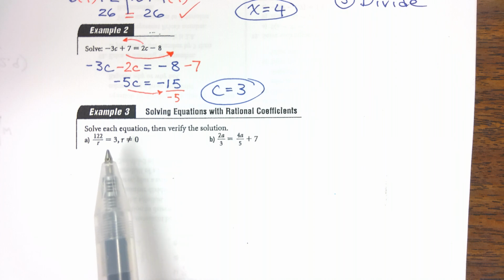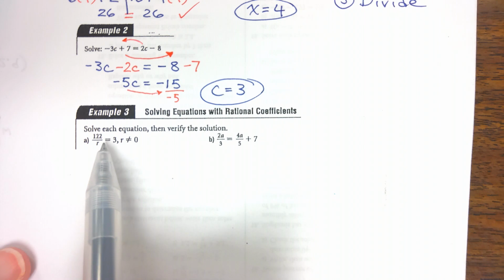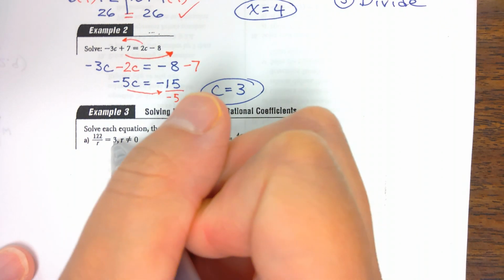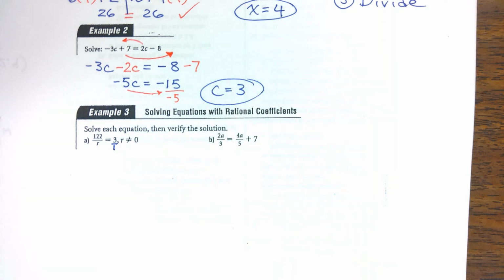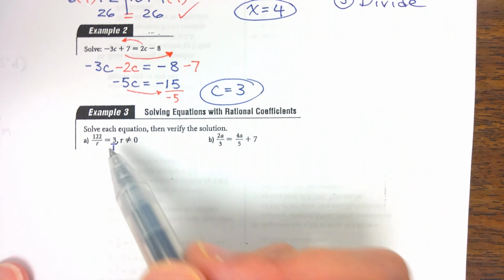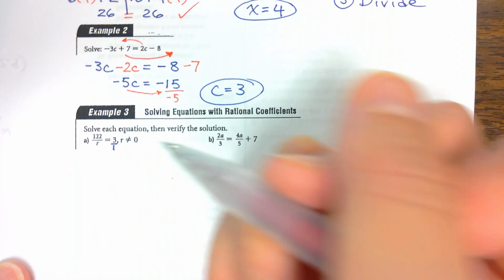So this one, there's also another little trick with this. The 3, I can put this as 3 over 1. Remember, any number, I can always put it over 1. So if I put it as 3 over 1, I have a fraction equals another fraction. We can do what's called cross multiply.